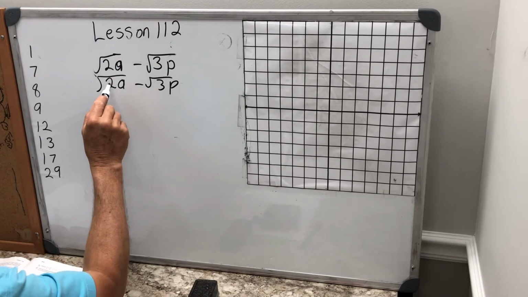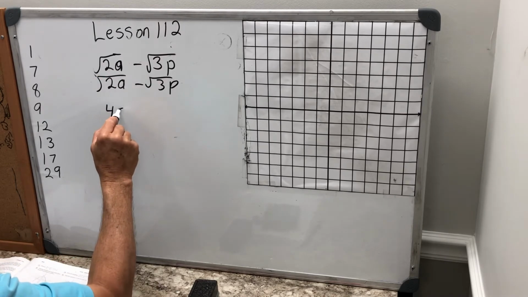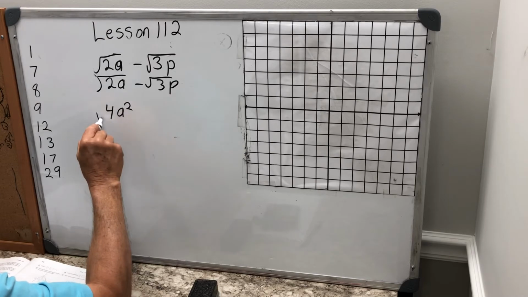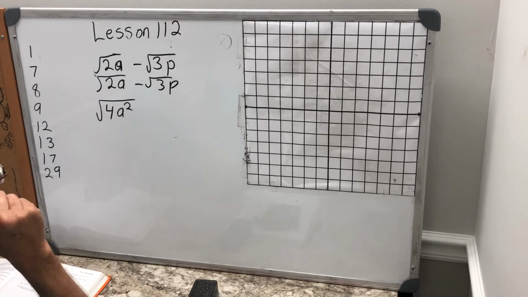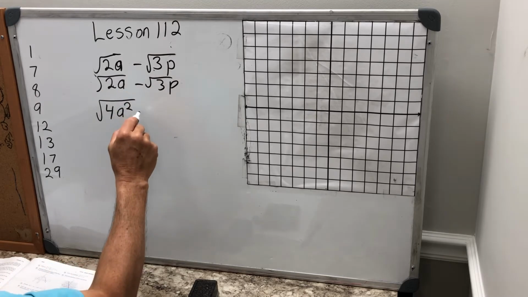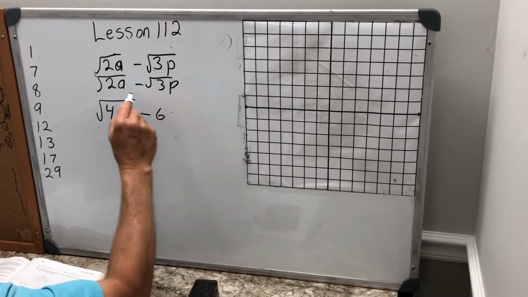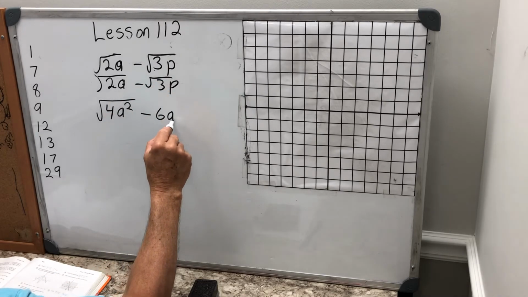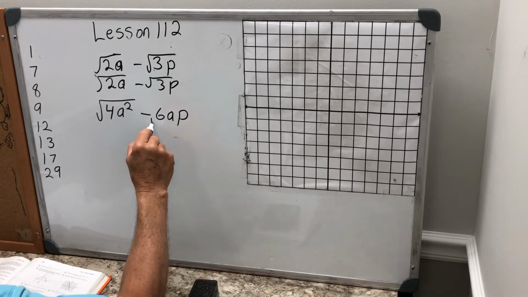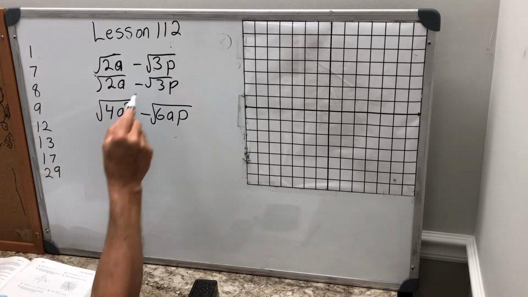Start off on this side. 2 times 2 is 4, and A times A is A squared under the square root sign. Now this times this is a negative 6AP, and that is like this. That's a square root there. Okay, now we're ready for this one.